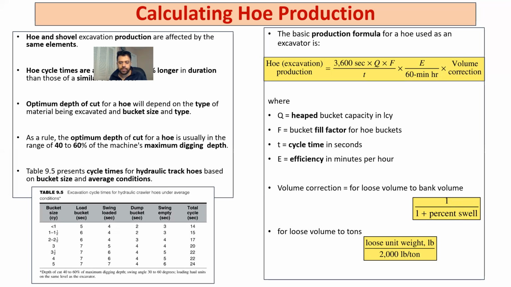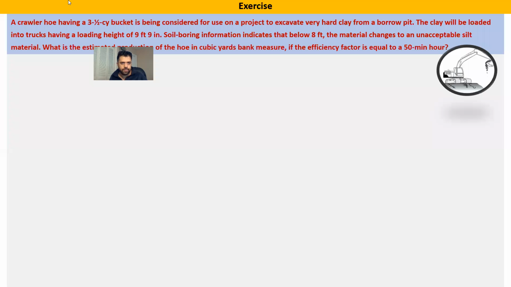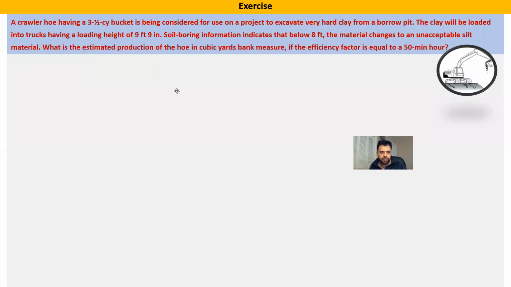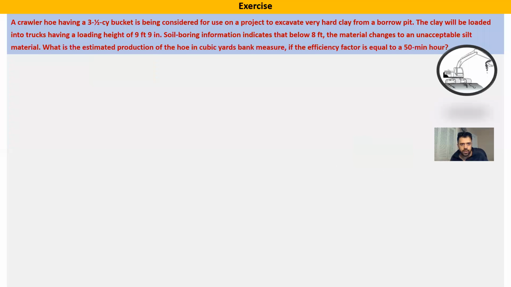For the other way, when it is given in loose, if you divide it by 2000, then you can have it in bank. So let's solve one problem and then we are done with this part of the lecture.